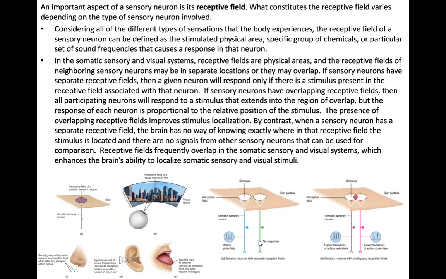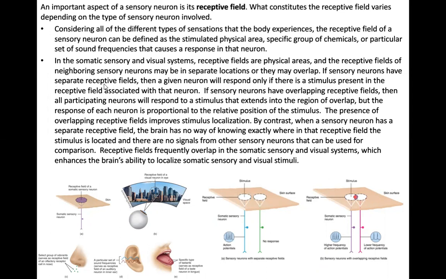Notice we see no response in our green neuron, but we do in our blue neuron. Okay. It's like throwing the ball over to Lauren, but not to me. I can't catch the ball if it's not within my receptive field, can I? Okay. So we see action potentials being generated in the neuron that has a receptive field around the stimulus, or the stimulus is within that receptive field. Okay.